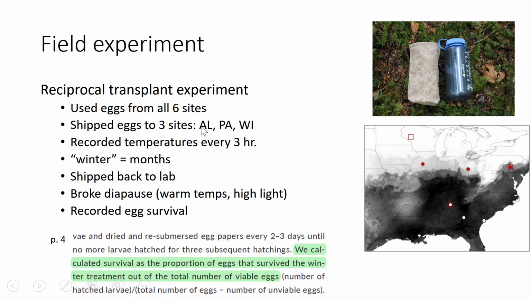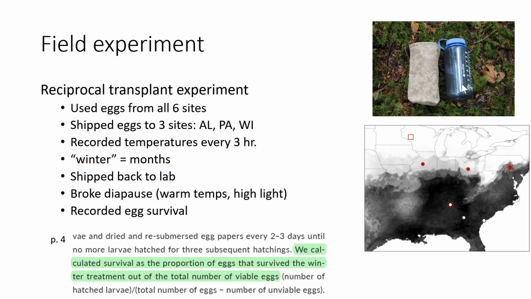They actually shipped them to Georgia, Pennsylvania, and Wisconsin. So Georgia, Pennsylvania, and Wisconsin. They stuck them in these Nalgene bottles with a temperature logger, and then let them sit out for 2 months to experience winter-like conditions.